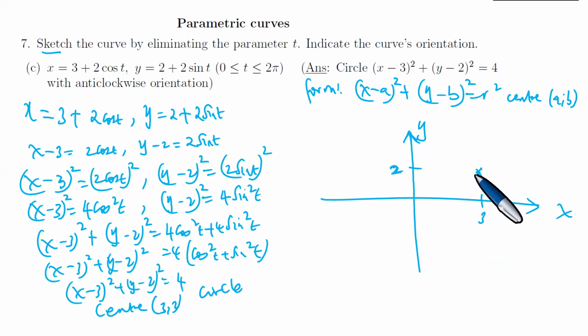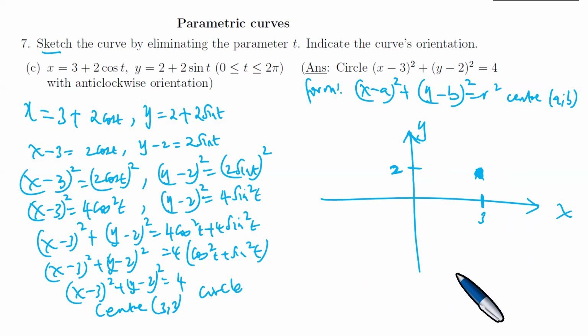Right, so at this point, if x is 3 and y is 2, what then do we have here?